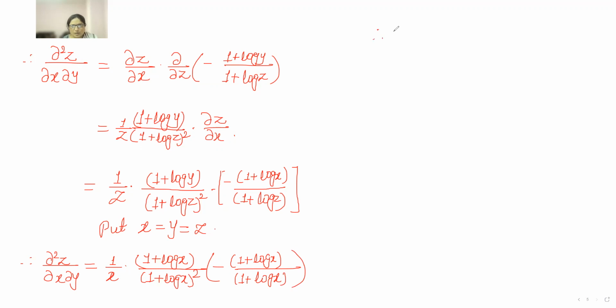Therefore, ∂²z/∂x∂y is equal to, which terms are going to be cancelled? The two (1 + log x) terms cancel, the bracket cancels, and only the minus remains. One from the square cancels, one remains. So it is minus 1 upon x into 1 upon (1 + log x).